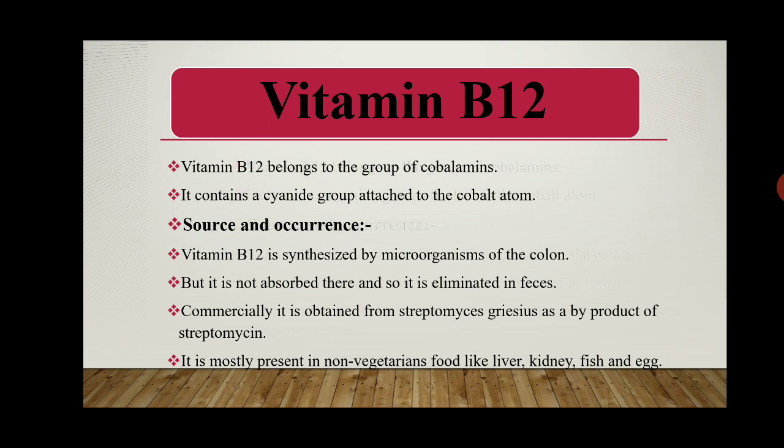Source and occurrence of vitamin B12. Vitamin B12 is synthesized by microorganisms of the colon. It is synthesized in our body in the colon part, because microorganisms are present there that produce vitamin B12. The colon parts are the small intestine, large intestine, and then colon.